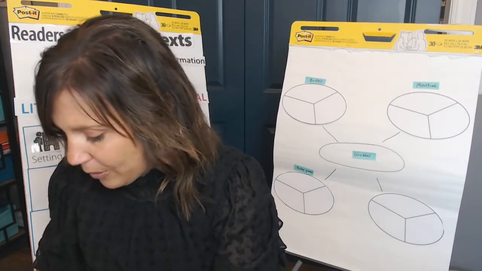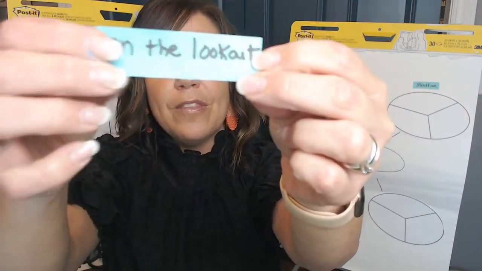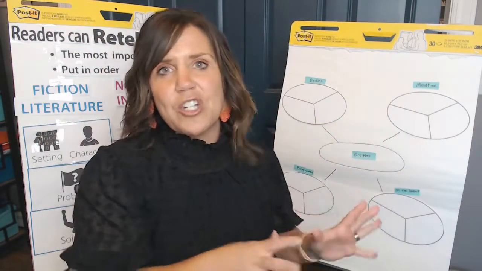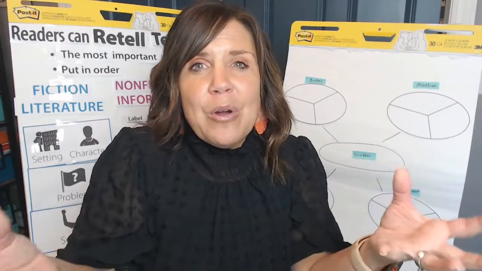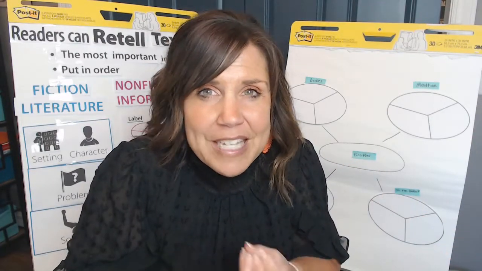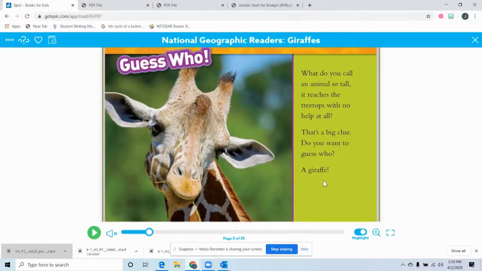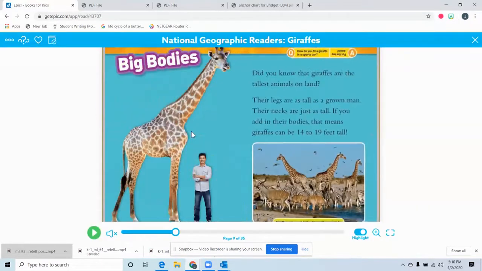And on the lookout, how they look out for predators, is going to be one of the sections that we use. So those are the four sections of this book that we're going to look at. We're going to read, we're going to pull details out and retell, and then we're going to write. So let's go ahead and go to the first section, big bodies.